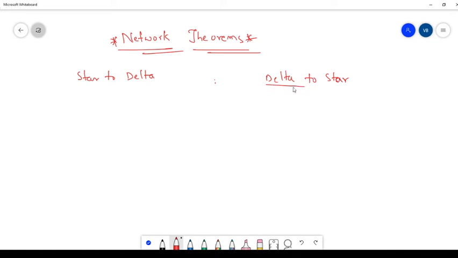If the complexity increases in the circuit, if the circuit has a star model or delta model of resistances, how are we going to simplify it in a simple manner? How are we going to convert that delta network into a star network and a star network into a delta network? Directly we are going to take the formula.